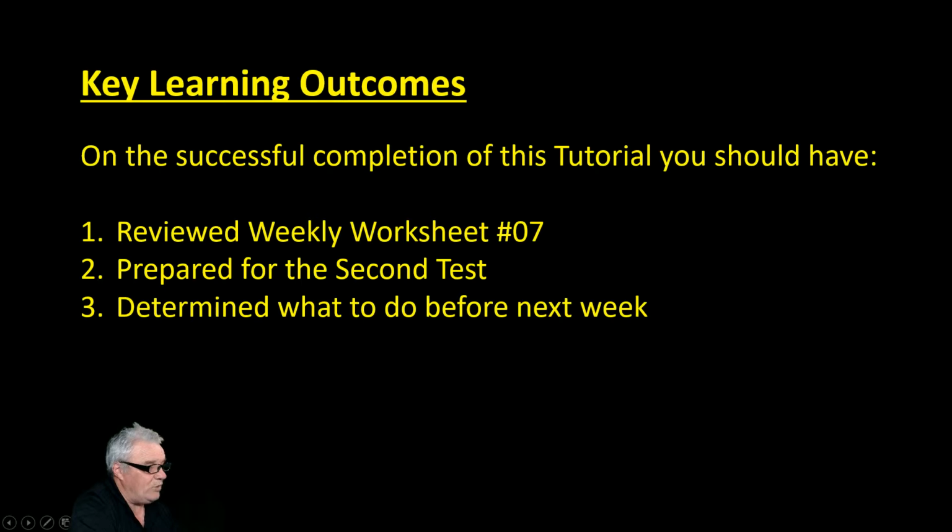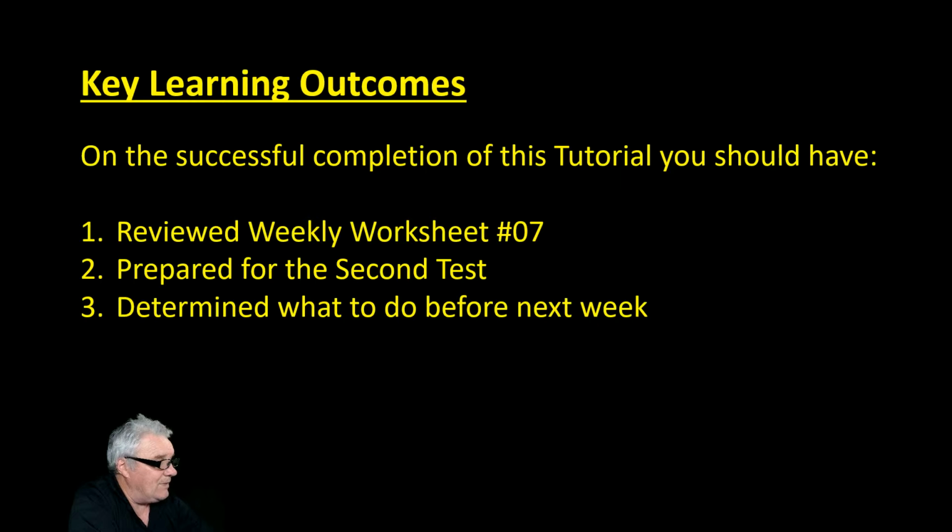So our key learning outcomes: have a good look at worksheet 7. Some of you I'll be handing it back to, but we do need to review that and make sure we've got it all sorted, because some of that's coming up in the second test.